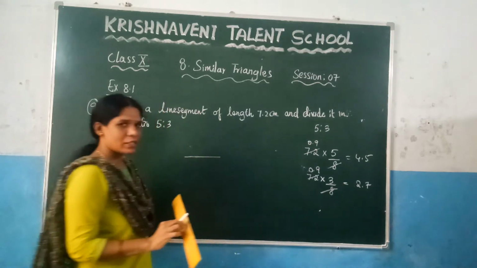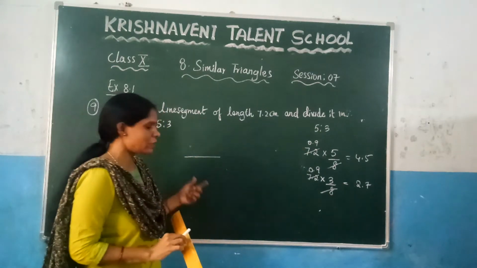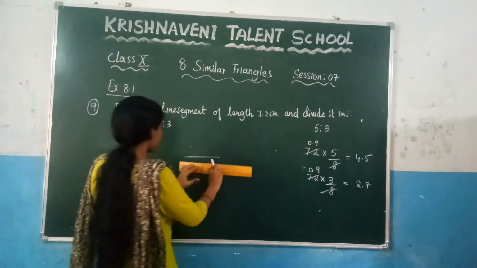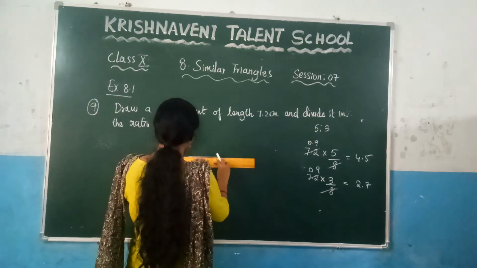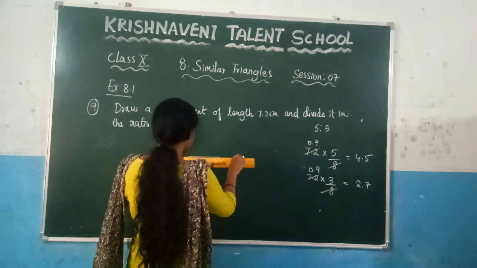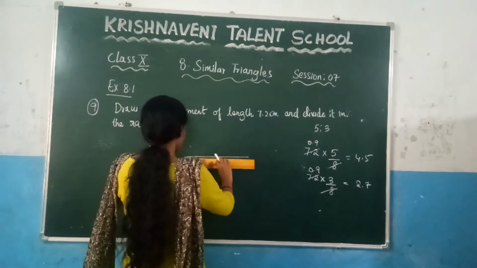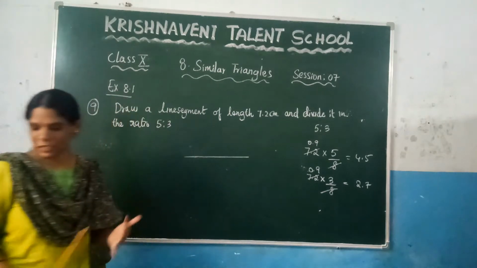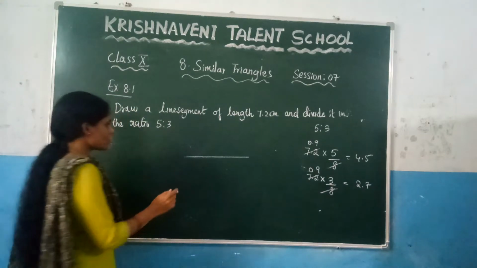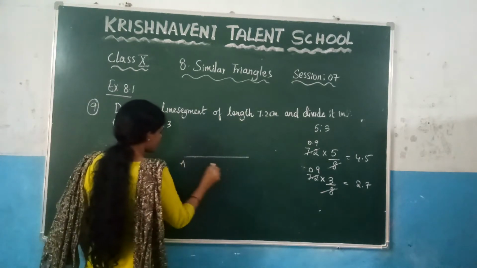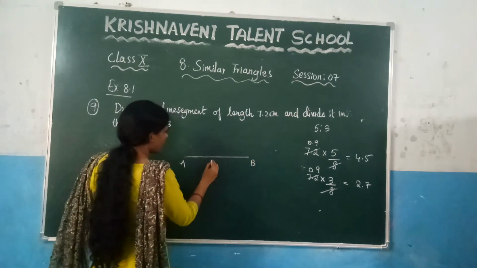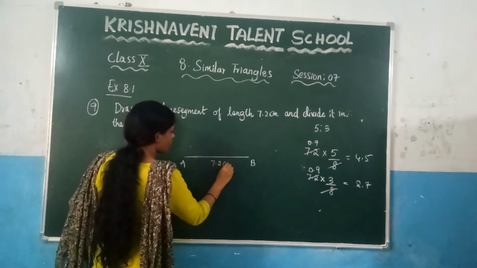So this is nothing but 7.2. Since it is not visible, I am drawing some bigger line which is not 7.2 exactly, but draw here 7.2 centimeters with the help of the scale. So here, let us name this one as AB and write it here 7.2.